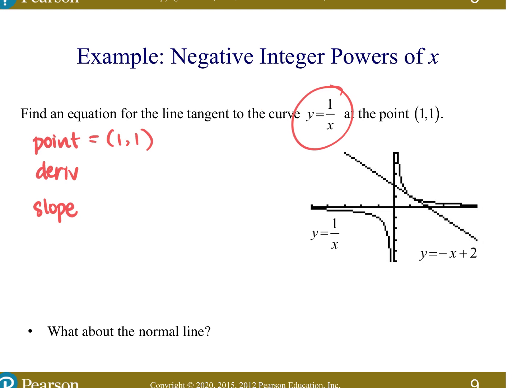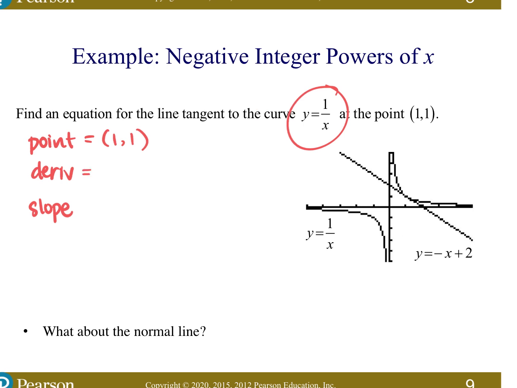Our derivative is going to be y prime. The way the original function is given is not in the best format for derivatives, so you need to think of that differently. You need to think of your hyperbola as x to the negative first so that you can find its derivative. All right, so I need a volunteer to find my derivative.